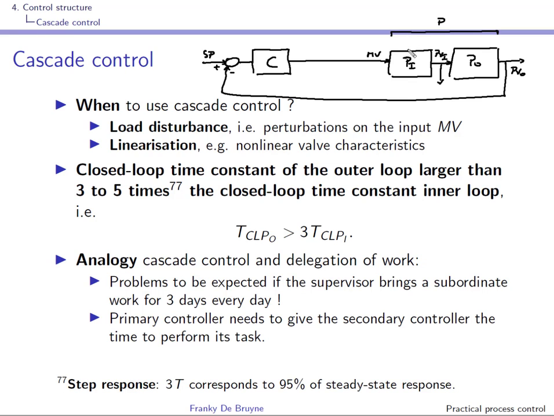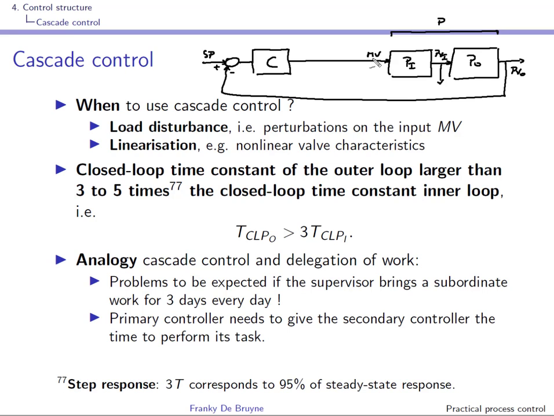If there are load disturbances, they will be seen first at this inner PV and later in the outer PV. If you use a single loop controller as shown over here, we'll see the load disturbance much too late, right? So clearly, if there is load disturbance, you should use the cascaded solution.